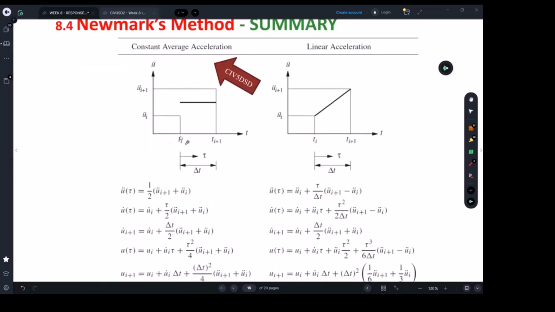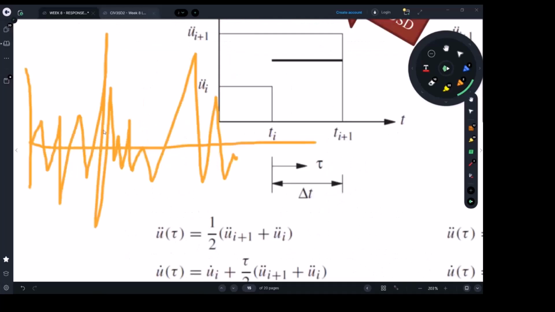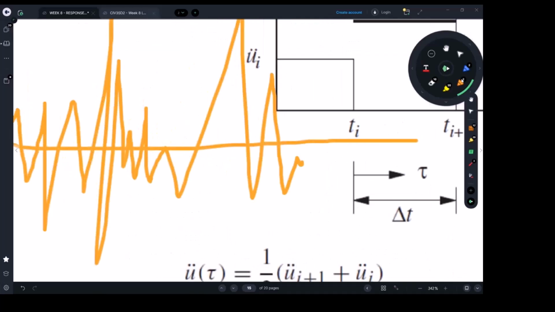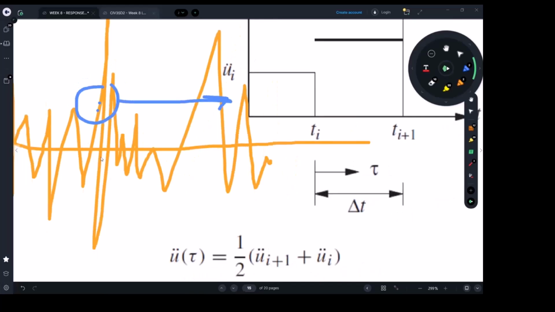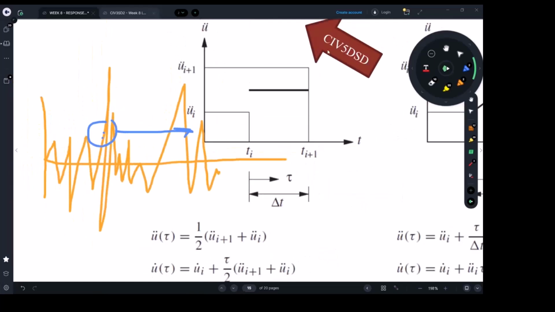So there are 2 points within your time history. Remember, this is 2 points within the time history I showed you at the start, the ground excitation. Let's assume one of the ground excitations. We're trying to talk about 2 points within that time history, taking 2 points and trying to find a mathematical way to time step it.